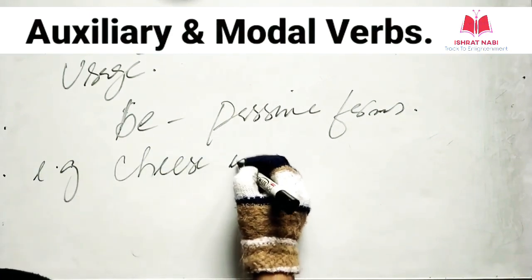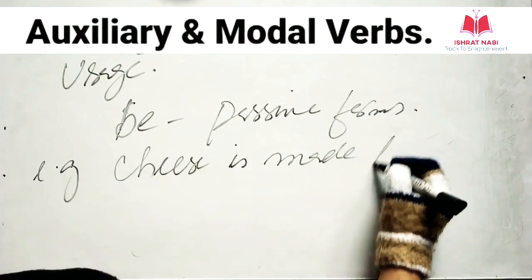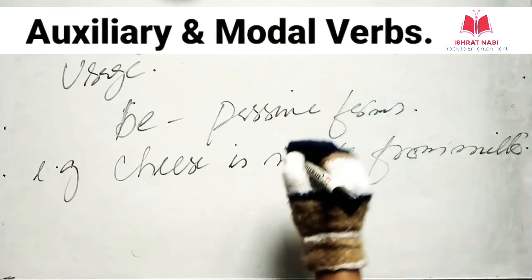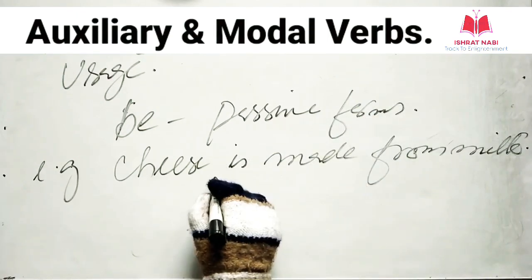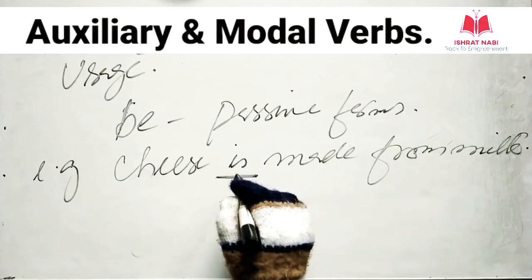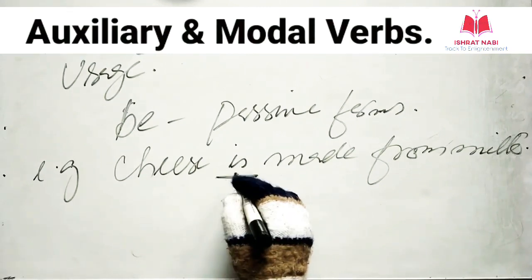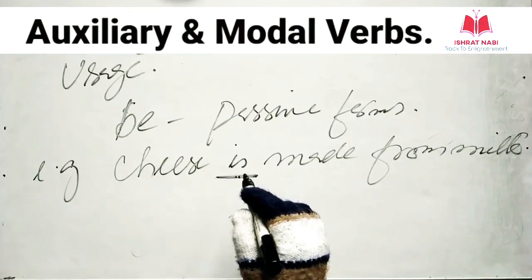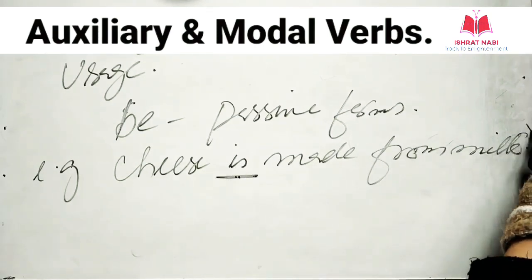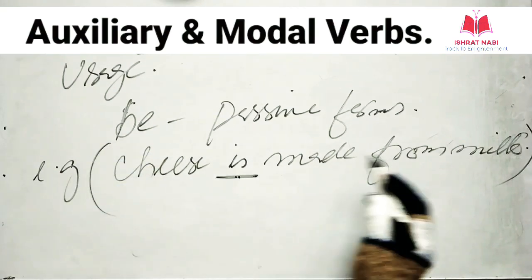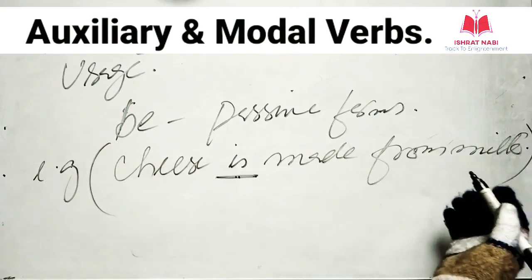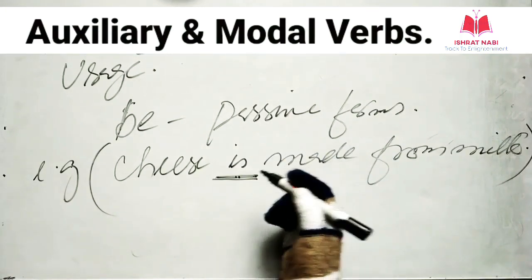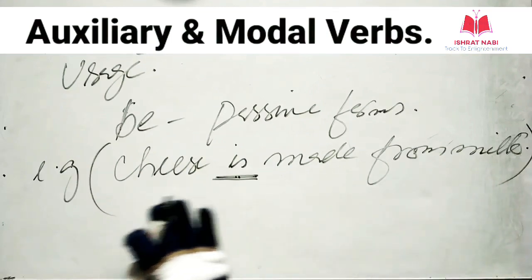Here is is the auxiliary be. So the auxiliary be is also used to make passive forms. This sentence is represented in passive form, and the auxiliary be is used here to make the passive form of the sentence.